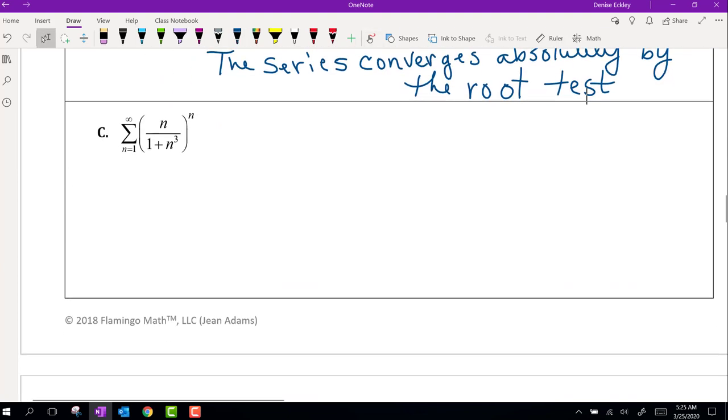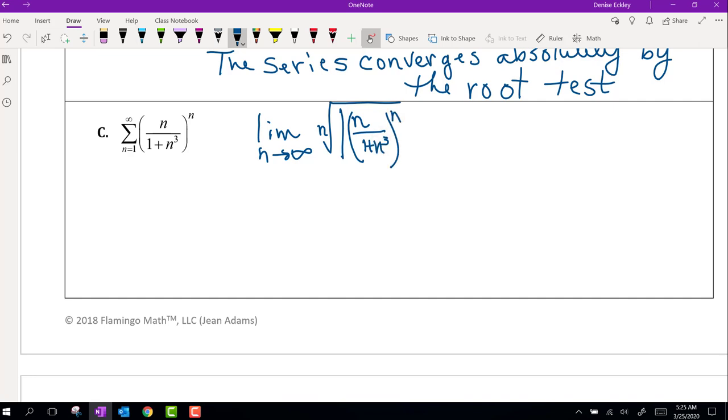All right, in letter C, again, you can see that we have a series where the nth term is raised to the nth power. So we're just going to go ahead and apply our root test. So we're going to have the limit as n approaches infinity of the nth root of n over n plus 1 n to the third, to the nth power.